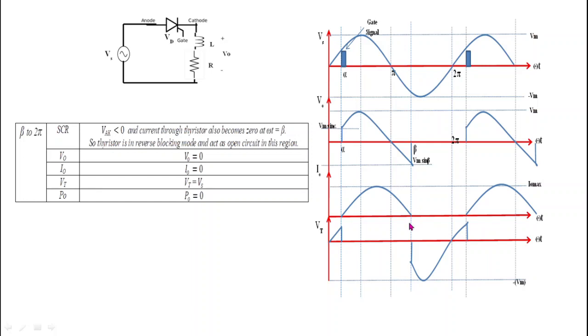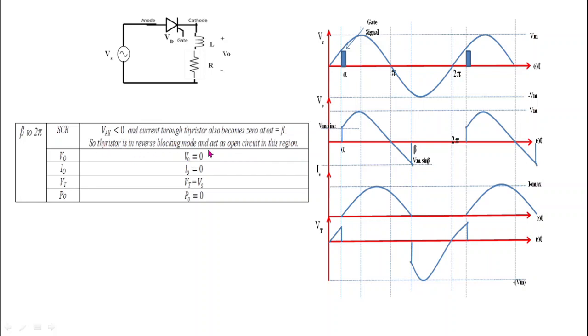When I naught becomes 0 and VAK is already less than 0, because after pi the polarity of sinusoidal voltage reverses, that's why at point beta I naught becomes 0 and VAK is less than 0, then thyristor goes into reverse blocking mode. Because for reverse blocking mode I naught must be 0 and the anode to cathode voltage must be negative. Both conditions are satisfied. That's why we can say that thyristor is in reverse blocking mode.